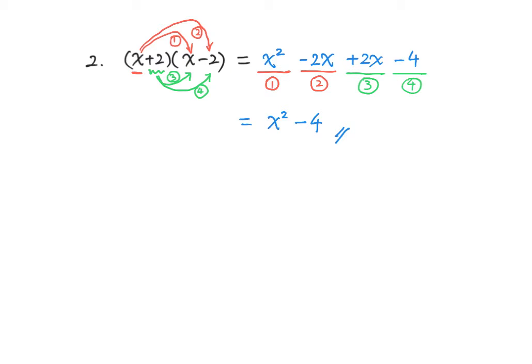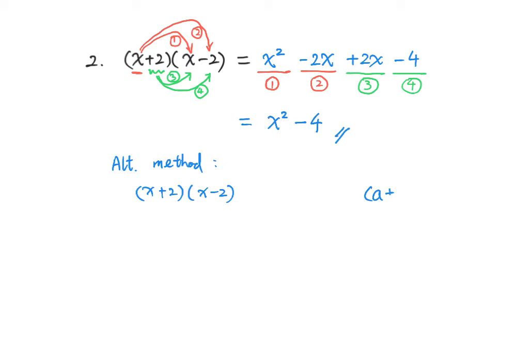For this example, we can use an alternate method, because x plus 2 times x minus 2 is exactly the same as the format of the difference of 2 squares.